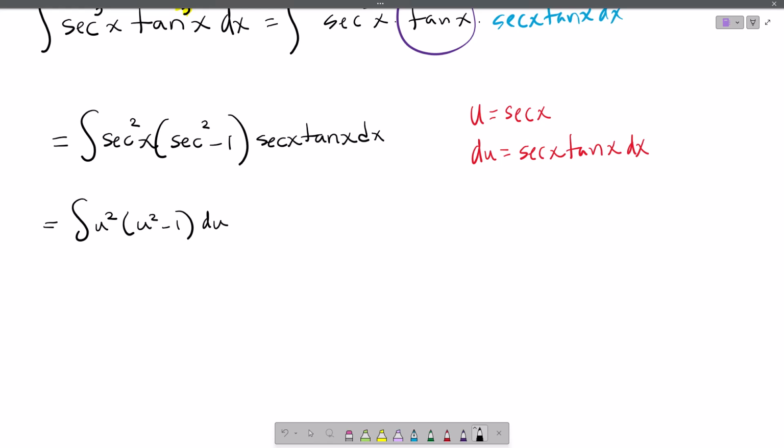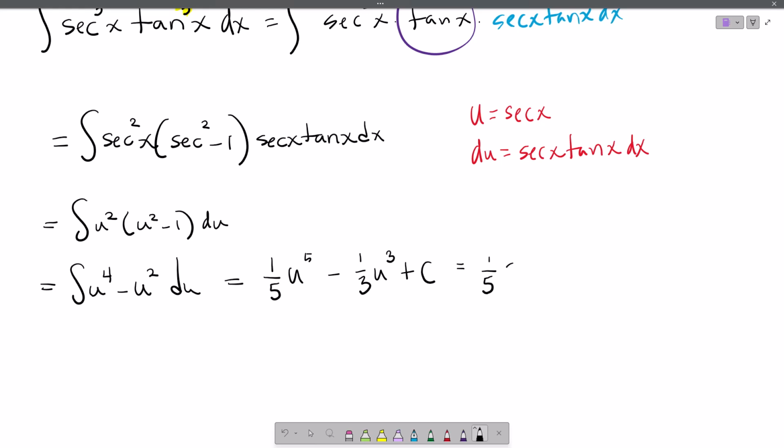So it turns into a nice polynomial integral. We'll distribute the u squared, getting u to the 4th minus u squared du, and then we'll power rule it. We'll have 1/5 u to the 5th minus 1/3 u to the 3rd plus c. And then we just back substitute, u equals secant.